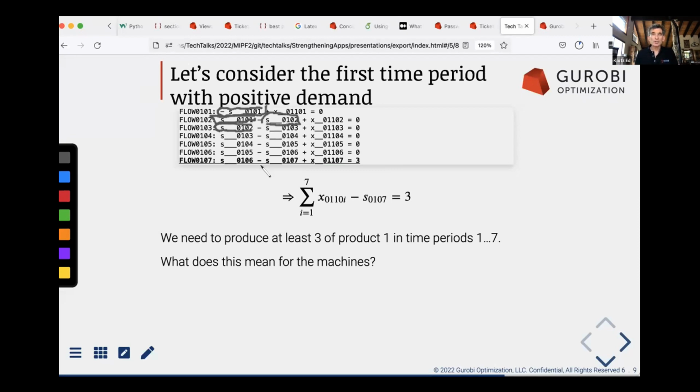So that results in a lot of cancellation. And when we add up these constraints, what we see is that the sum of the 7 production variables for this product 0,1, minus the last period inventory, which is essentially now a slack variable, is equal to 3. So we need to produce at least 3 of product 1 in time periods 1 through 7. There's no initial inventory.